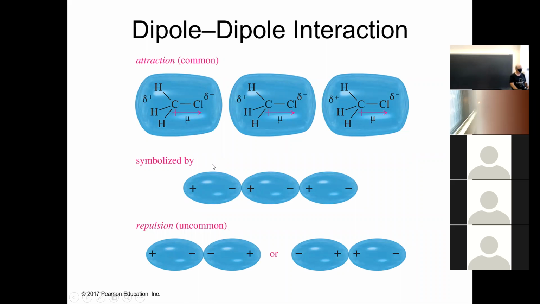Dipole-dipole interactions will occur if we have a polar molecule, such as chloromethane, where the electron dense end of one molecule is attracted to the electron poor end of another molecule, like a little bar magnet. So in chloromethane, there's a high electron density around the chlorine, and then there's a low electron density partial positive charge on the other side.